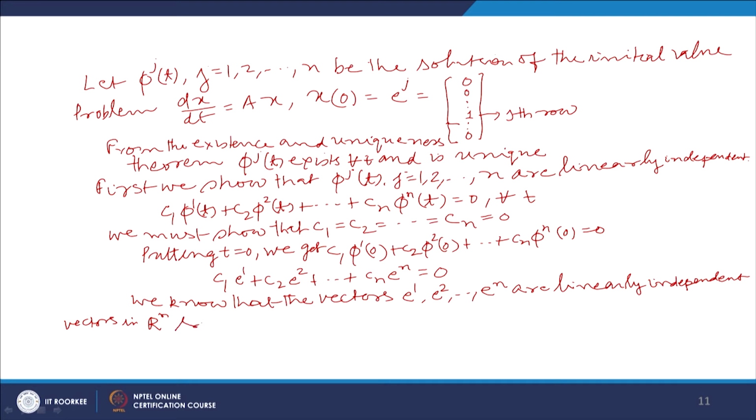So, C1 must be equal to 0, C2 must be equal to 0 and so on, Cn must be equal to 0, and thus phi 1 t, phi 2 t and so on phi n t are linearly independent. So, thus the n functions phi 1 t, phi 2 t and so on phi n t are linearly independent.